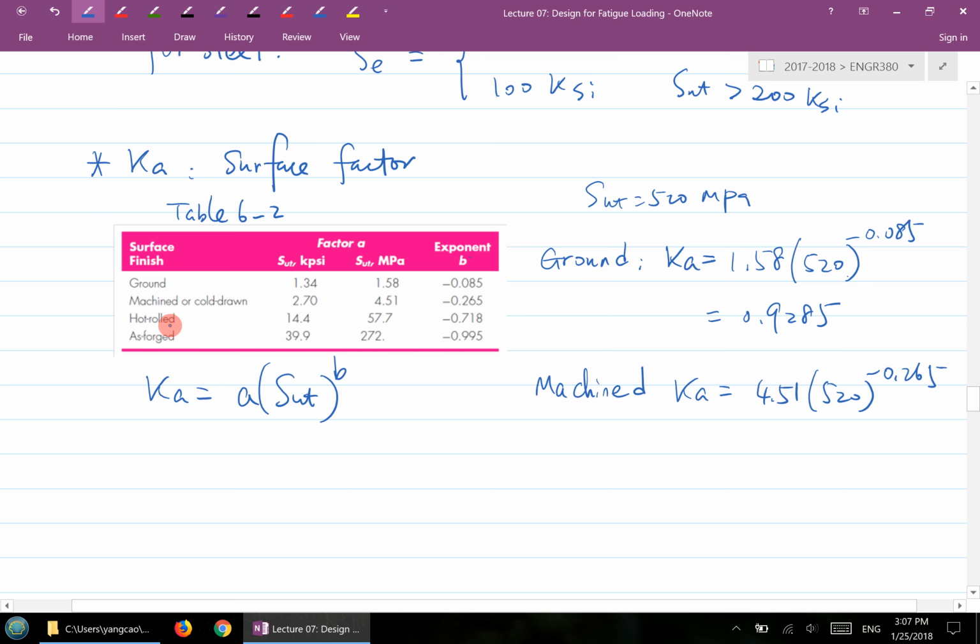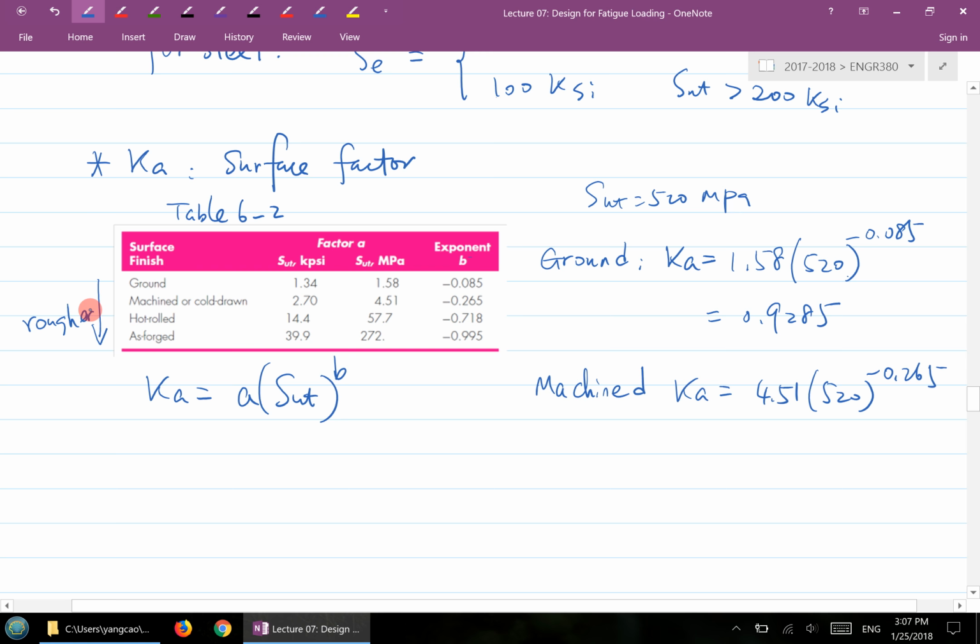Ground, machined, hot rolled, as forged. As this is going down here, you get a rougher surface actually. When the surface is getting more and more rough, what do you expect for the surface? A rougher surface will present more potential problems, right?